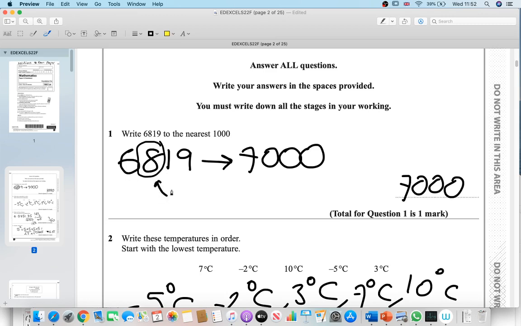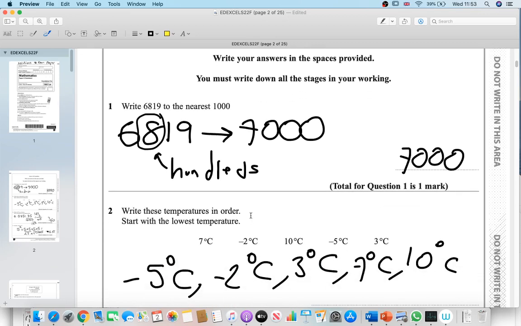If that number is 5 or bigger, then I round up. It's 8, so the answer is going to be 7,000, because 6,819 is closer to 7,000 than it is to 6,000.